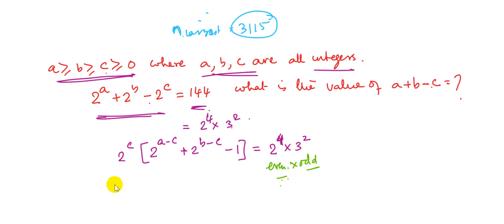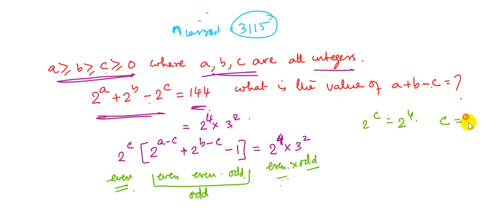Now 2 to the power c will always be even. 2 to the power a minus c will be even, and this is odd. So even plus even minus odd would be odd. So this would be even into odd. That means 2 to the power c has to be equal to 2 to the power 4, or c is 4.